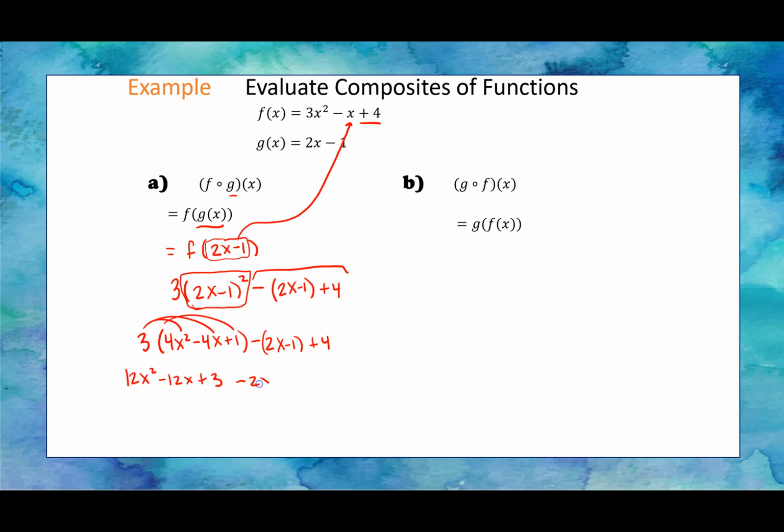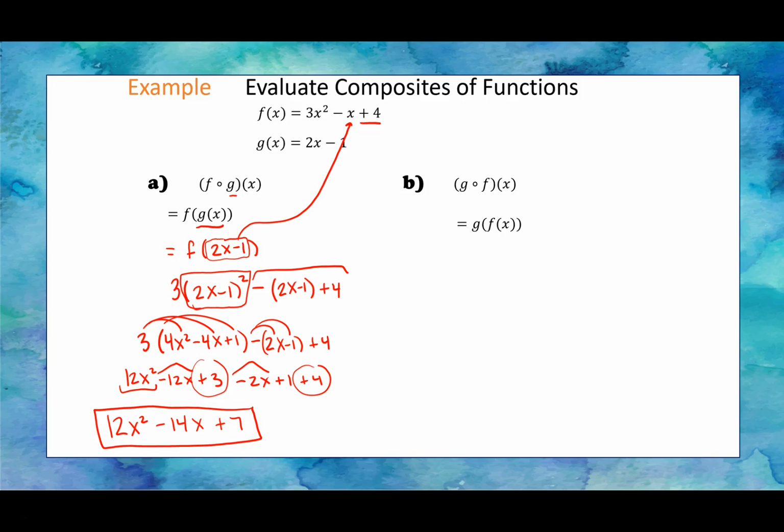Then a minus 2x plus 1 plus 4. So minus 2x plus 1. All right, let's combine our like terms. We only have one 12x squared. Then I've got a minus 12x and a minus 2x. That's a minus 14x. And then I've got a plus 3 and a plus 4. That's going to give me a plus 7. And we are done.